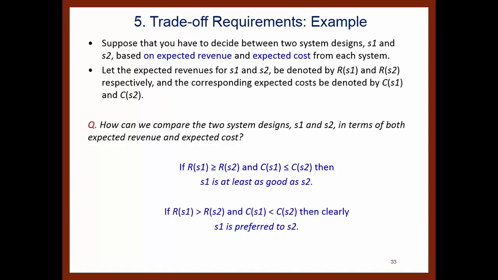So for example, if the revenue of S1 is greater than or equal to the revenue of S2, and if the cost of S1 is less than or equal to the cost of S2, then S1 is at least as good as S2. If the revenue of S1 is greater than, now we don't have the equal sign there, and the cost of S1 is less than the cost of S2, then clearly S1 is the preferred option over S2.